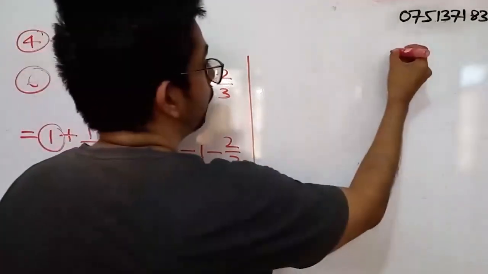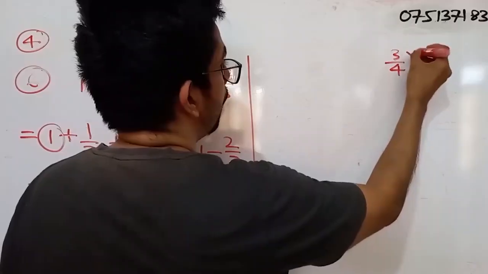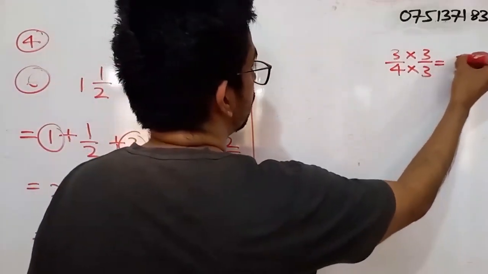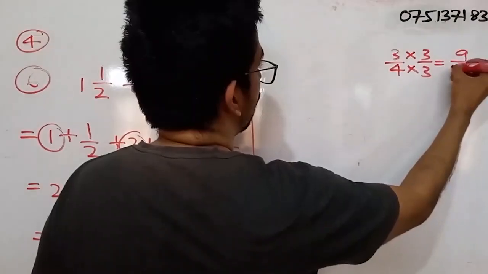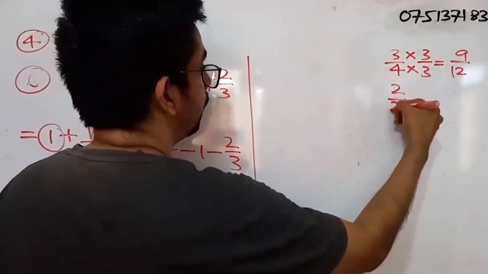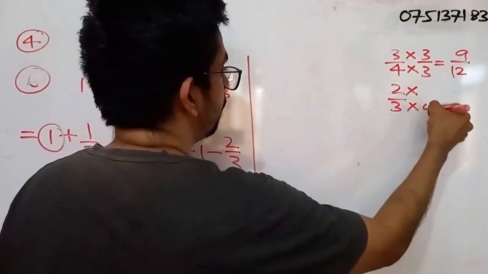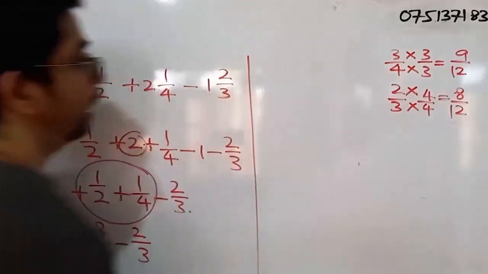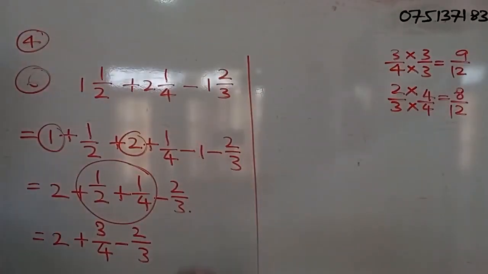Right? So if we take 3 by 4, I have to multiply the numerator by 3 and the denominator by 3. So I get what? 9 by 12. And also if we take 2 by 3, I have to multiply the denominator by 4 and the numerator by 4. Then I will be getting 8 by 12.